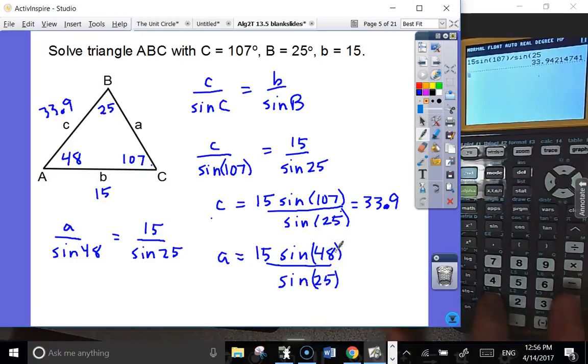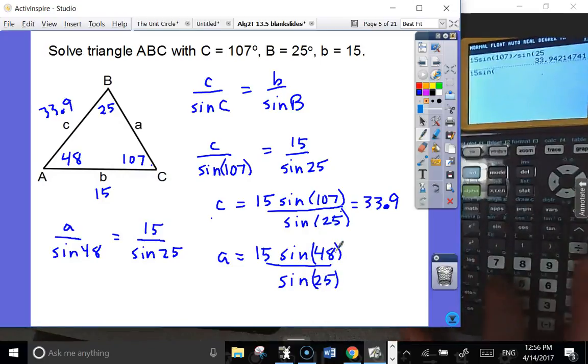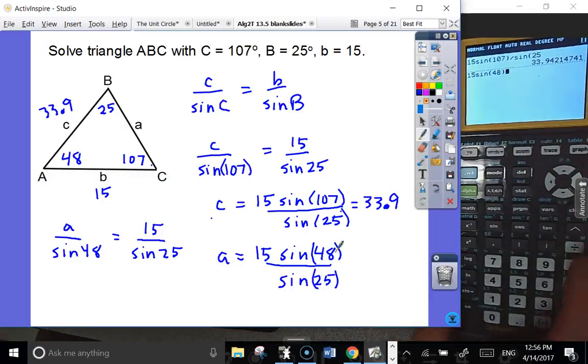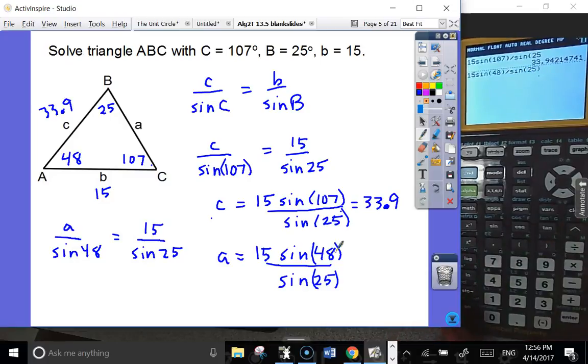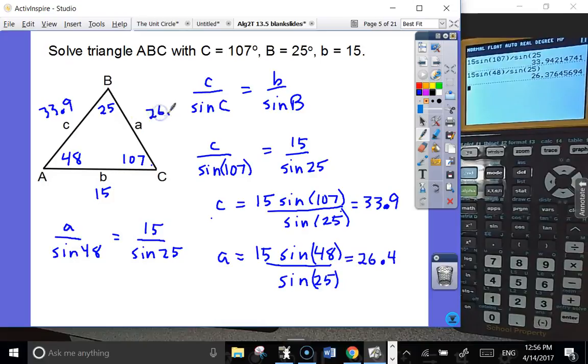So let's do that. 15 sine 48 end parentheses divide by sine 25. 26.4. So that is solved. Right? We found all the missing sides and angles. Again, the key to using the law of sines is you've got to have one side and opposite angle pair, and then you can find missing parts.